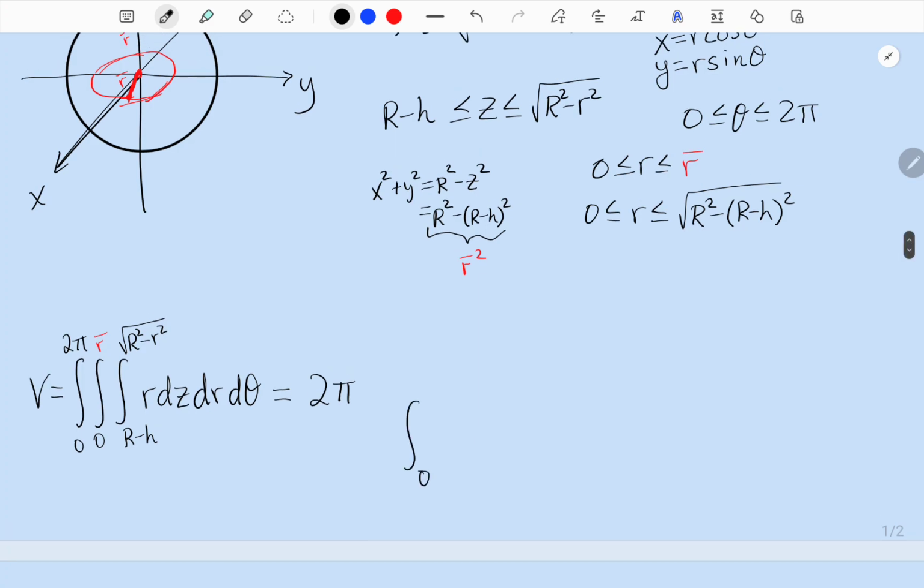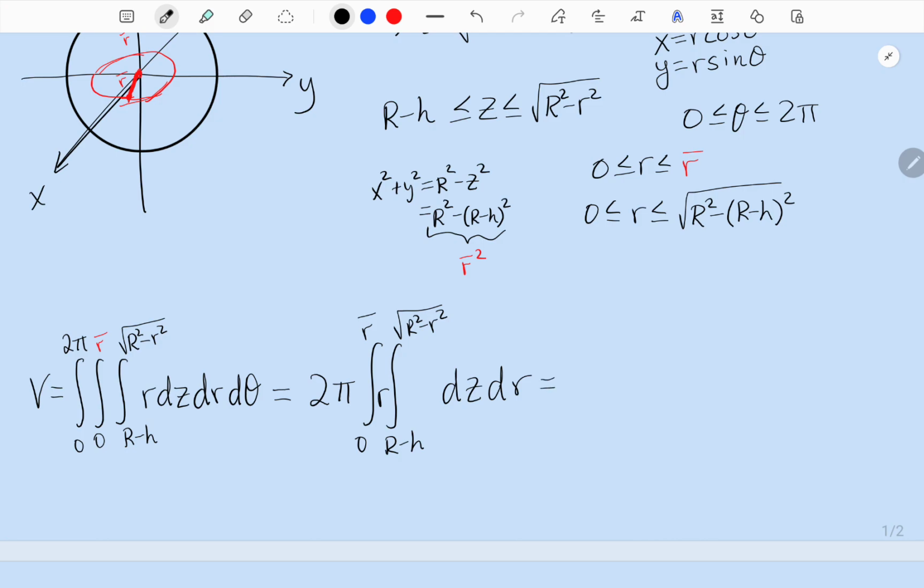So you're just left with the integral from 0 to 2 pi of d theta, which is 2 pi minus 0, so it's just 2 pi, okay? And then we have the integral from 0 to r bar, and then r minus h to the square root of R squared minus r squared, and then r dz dr. Now notice that this r over here is a constant with respect to z, so you can just take it out of that z integral.